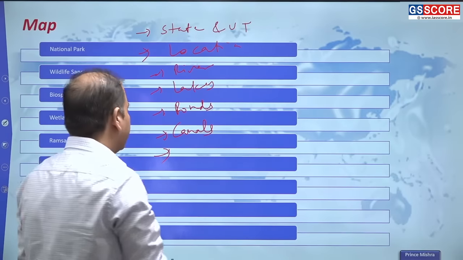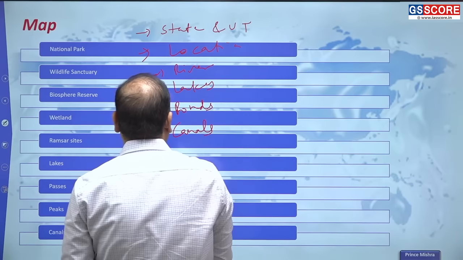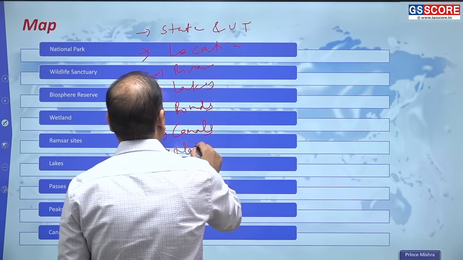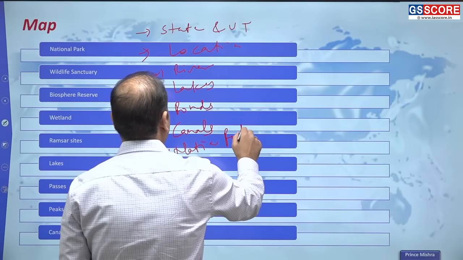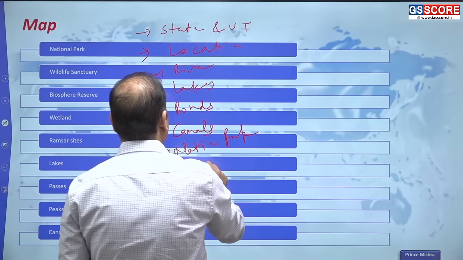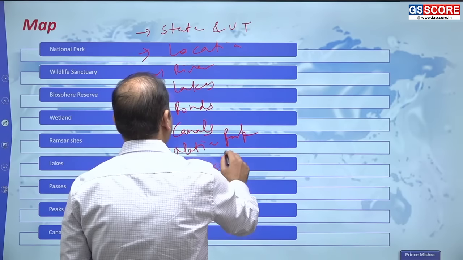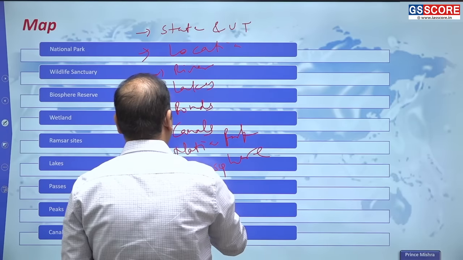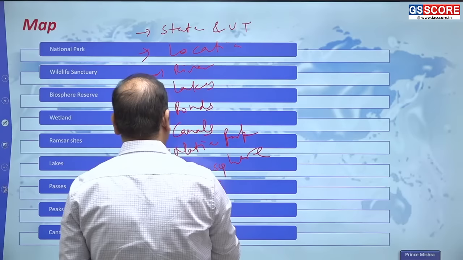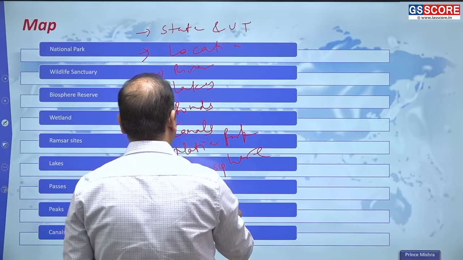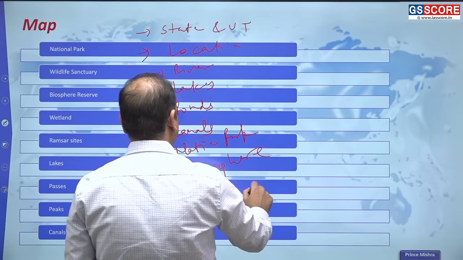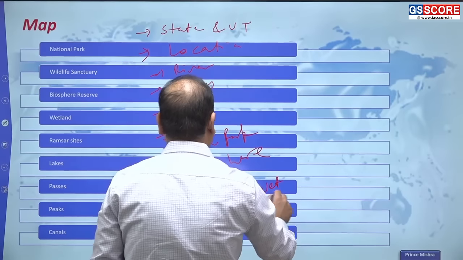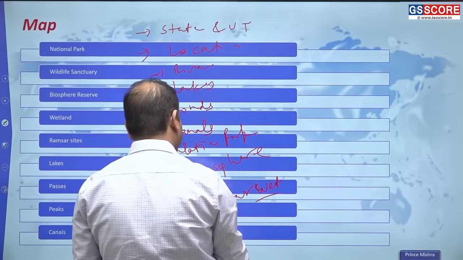When you have done all these, you can move on to some of the natural reserves like national parks, biodiversity, biosphere reserves. Then we have the wildlife sanctuaries, Ramsar sites, wetlands. Then we will have tiger reserves.